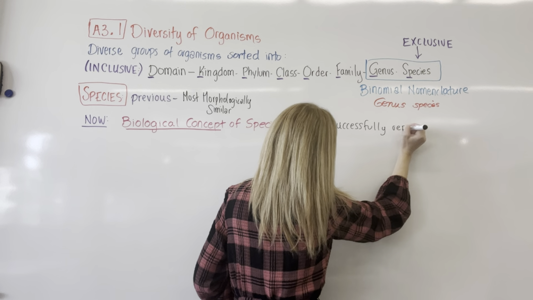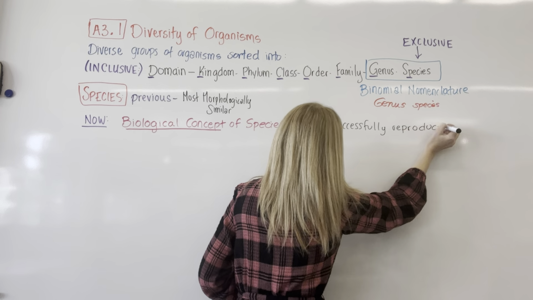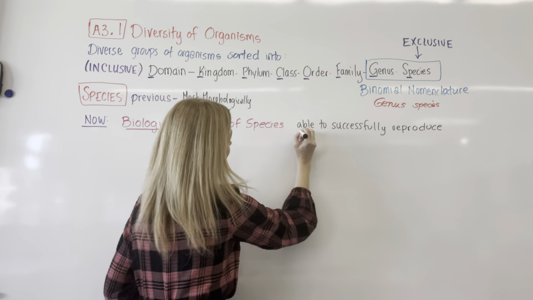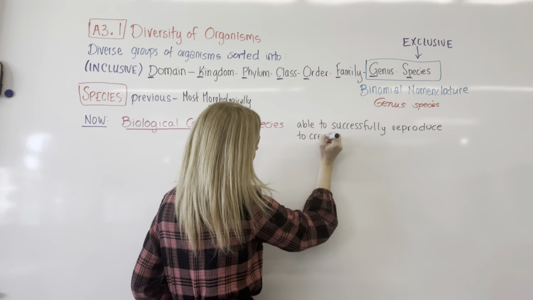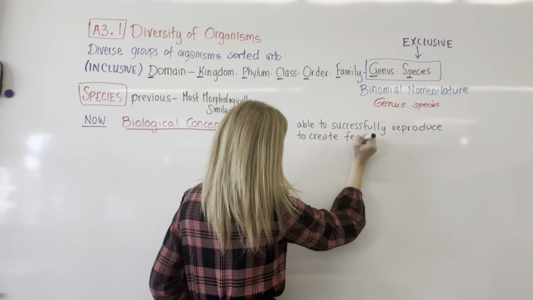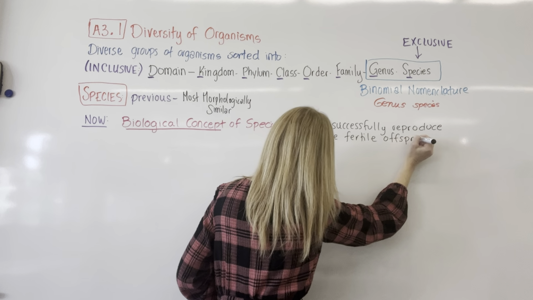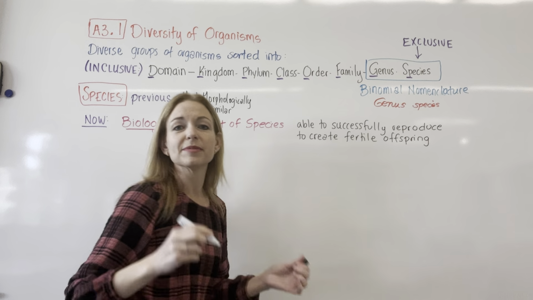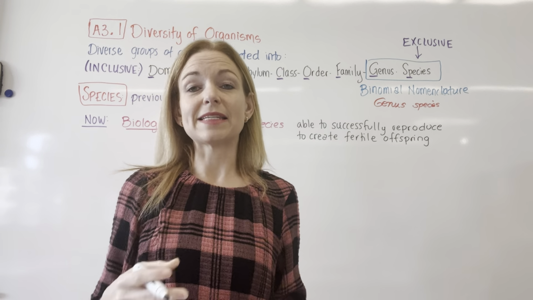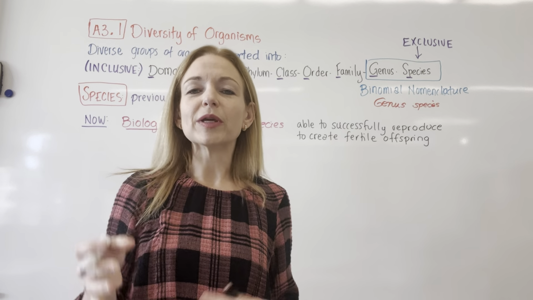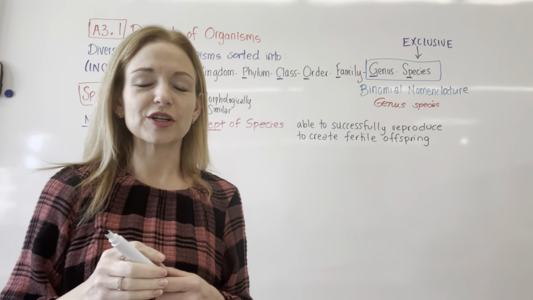And what do we mean by successfully? They need to be able to reproduce to create fertile offspring. And the fertile is really important because otherwise there are some different species that can produce sterile hybrids. So for it to really be one species, they have to be fertile.